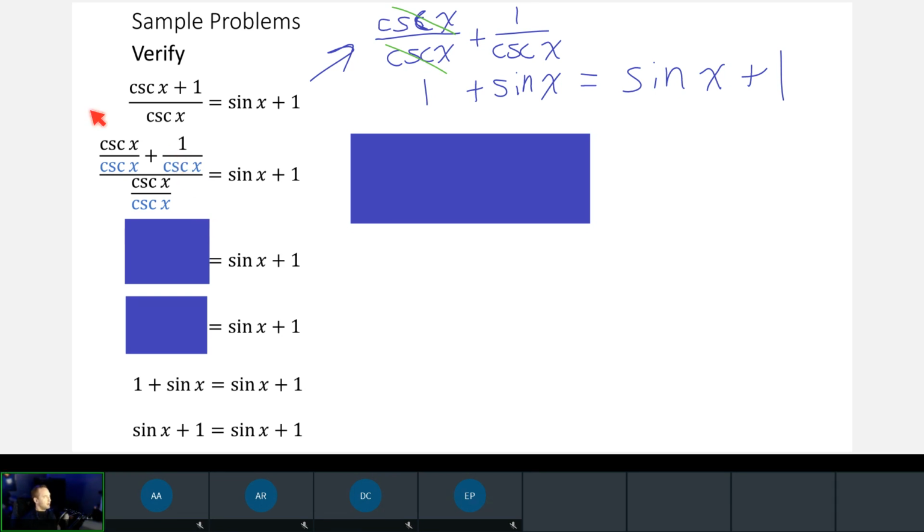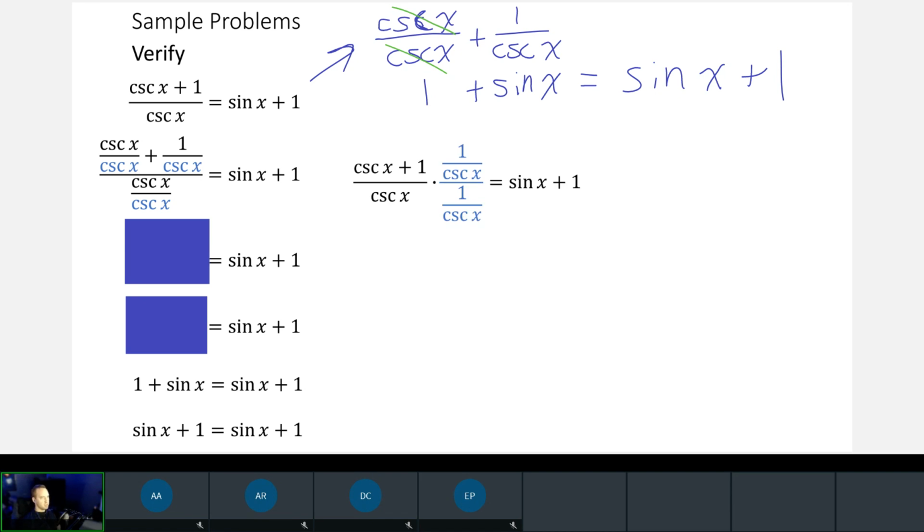So I divided every term top and bottom by the same factor. In this case, I chose cosecant of x. Why I did that is I multiplied it by 1, meaning 1 divided by cosecant of x, divided by 1 over cosecant of x. This is still equal to 1. So I multiplied the top, both terms, by this.